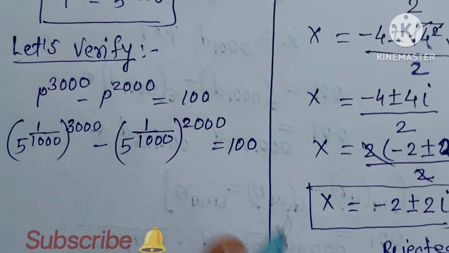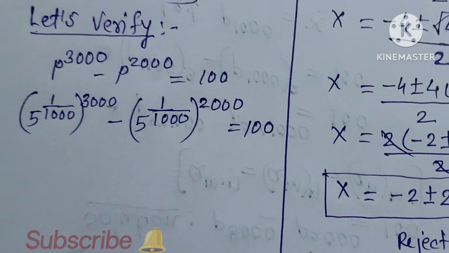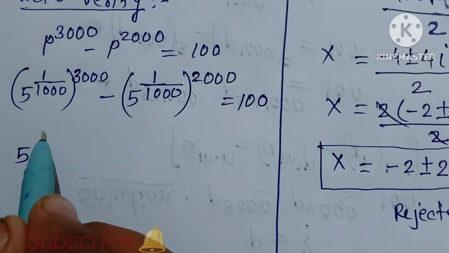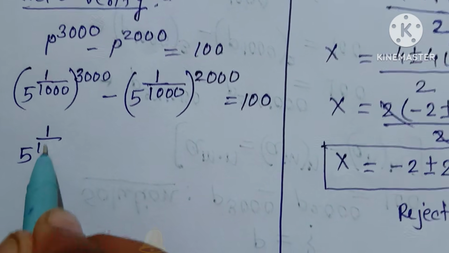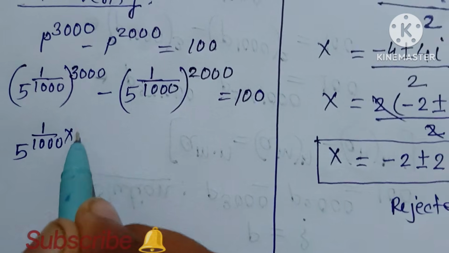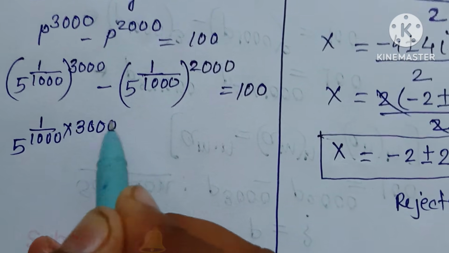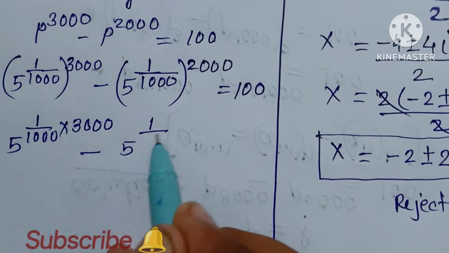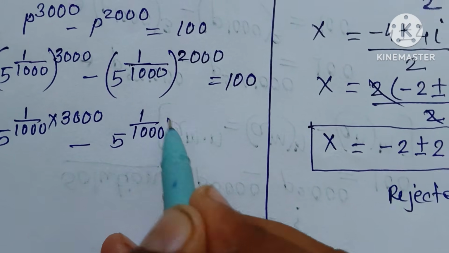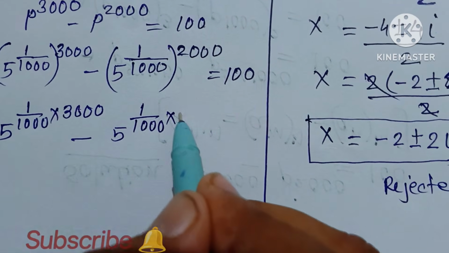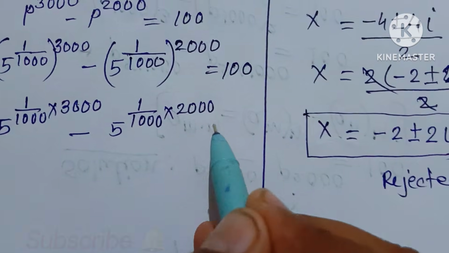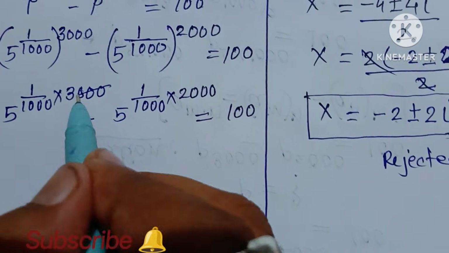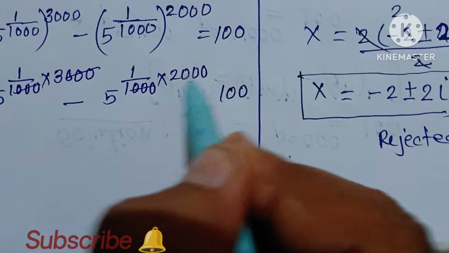Now see here, 5 raised to the power 1 upon 1000 multiplied by 3000, minus 5 raised to the power 1 upon 1000 multiplied by 2000 equal to 100. Cancel here, this one also cancels.